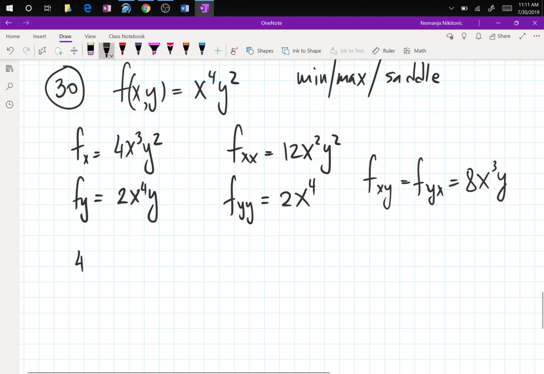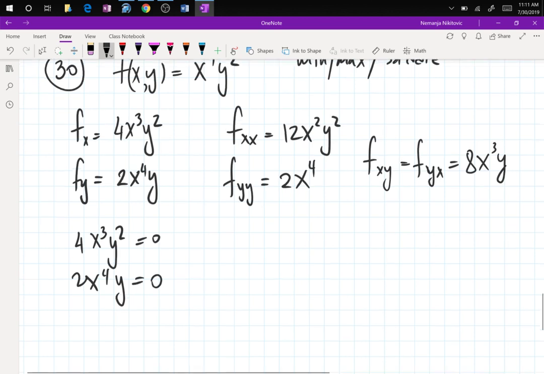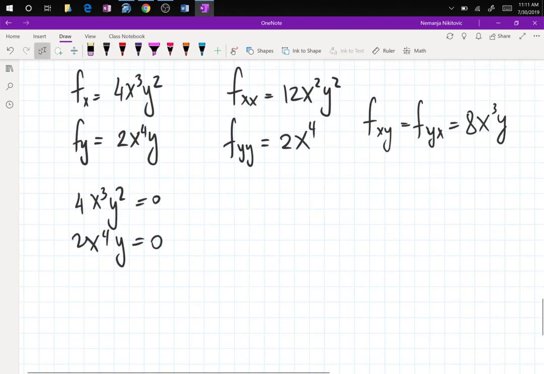Now we have to solve 4x cubed y squared equals 0 and 2x to the 4th y equals 0. Now the only point that fits this is going to be (0, 0).